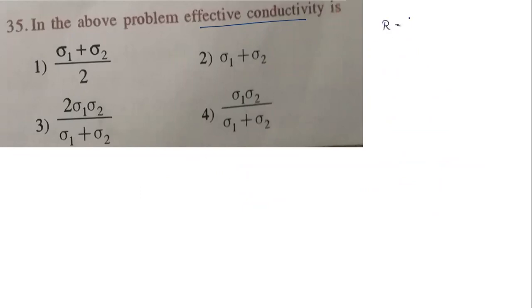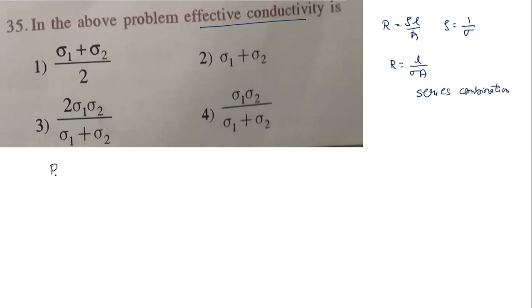R equal to rho L by A, we know, and rho equal to 1 by sigma, right? Conductivity and resistivity are reciprocal to each other. So I can say now R equal to L by sigma times A. We are going to use it here now. Again, what combination, students? Series combination.